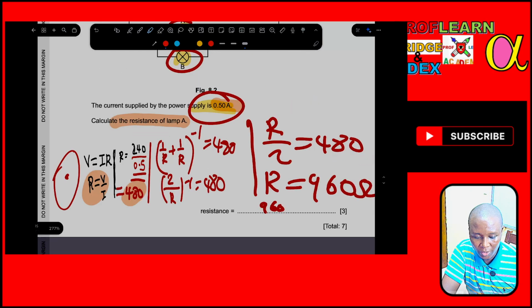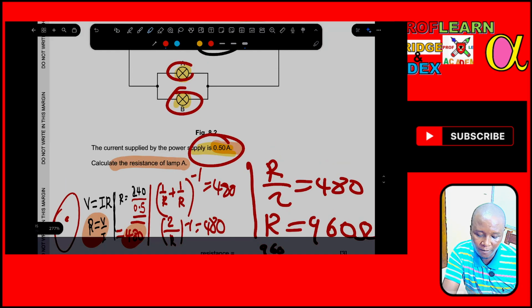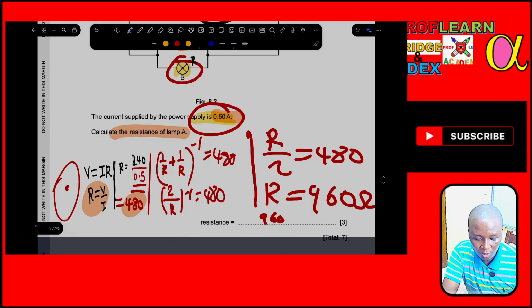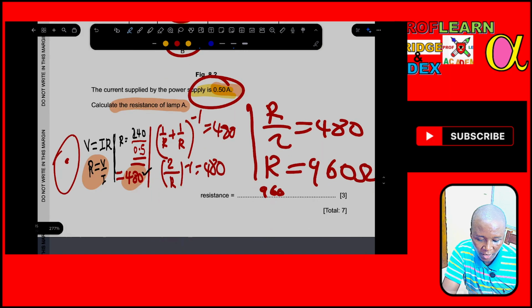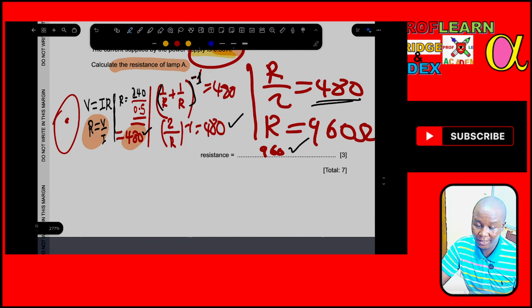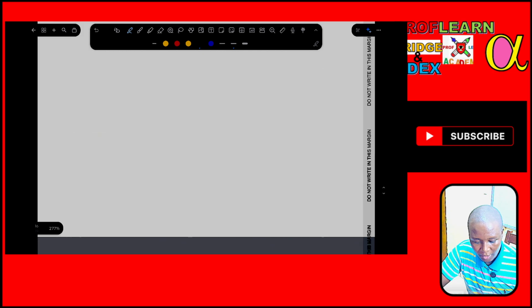But since these two lamps are in parallel and identical, each having resistance R, the total resistance is (1/R + 1/R) raised to power -1. This is the formula when resistors are connected in parallel. If you work it out, you get R over 2, then times 2 both sides, so the value of the resistance of each resistor will be 960. Yeah, so that is it.